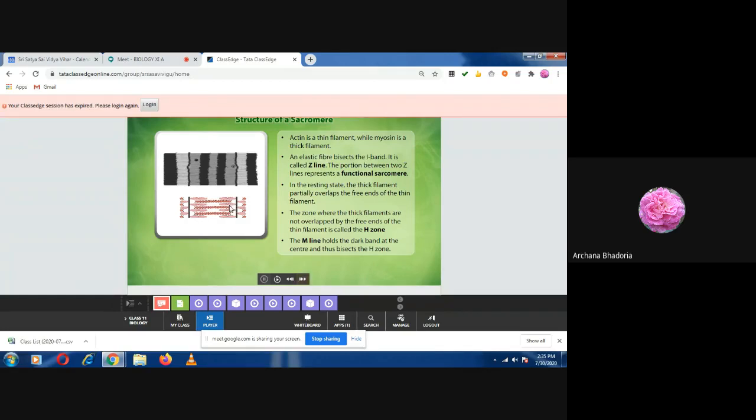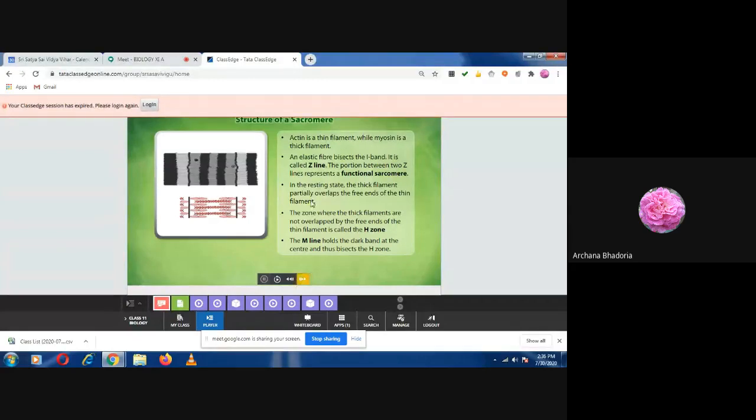Now what will happen during the contraction? अब ये इसका resting state है. In the resting state, you will find that the thick filament, which is this dark band, will overlap the free ends of the thin filament partially. Are you getting ये overlap हो रहा है कि नहीं हो रहा है?